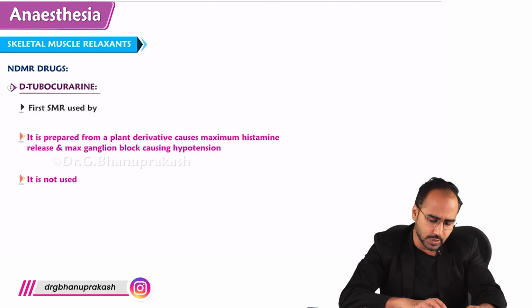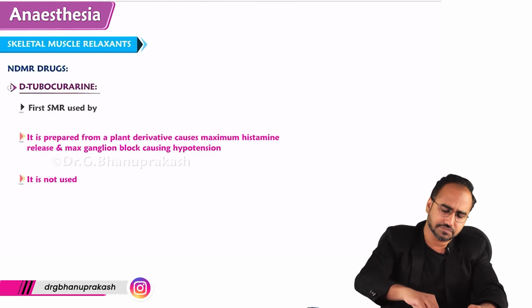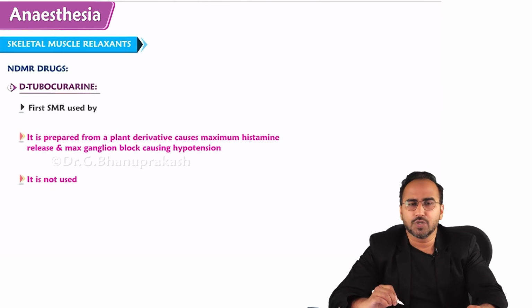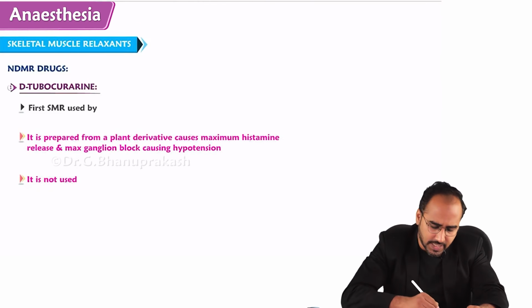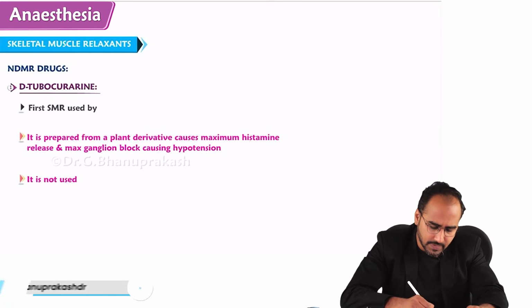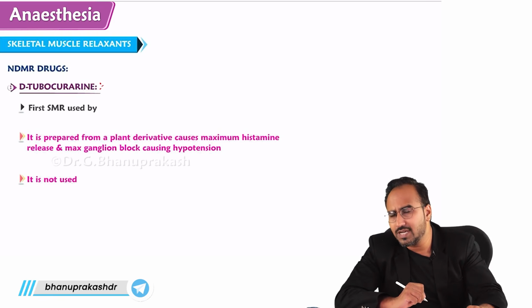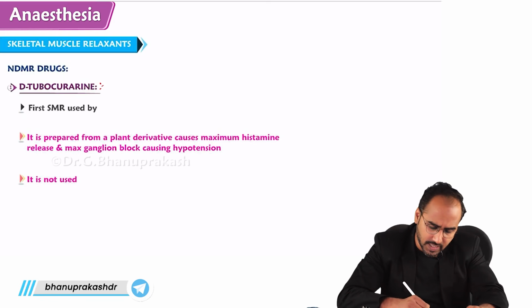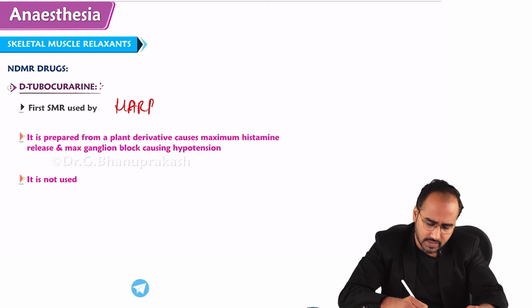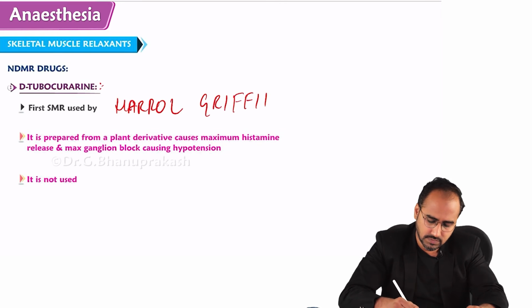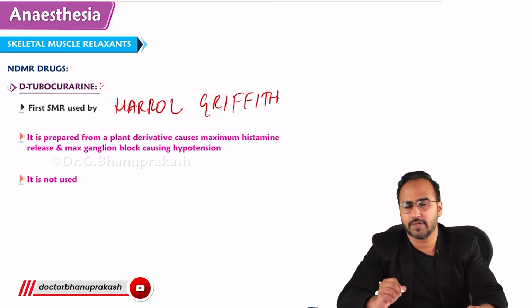Before going to Pancuronium, guys, first we'll discuss what? I told you in non-depolarizing, the first introduced non-depolarizing was what, guys? D-tubocurare. Who introduced this D-tubocurare? It was introduced by Harold Griffith.